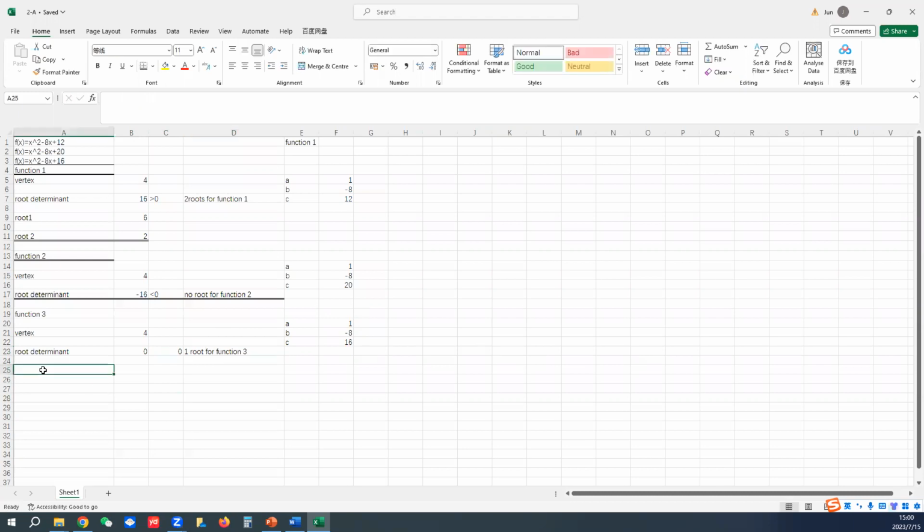Okay, so now we are working out this root, which is minus b plus root determinant, which is 0. That's why plus and minus doesn't change the result. Okay. And then over 2a.